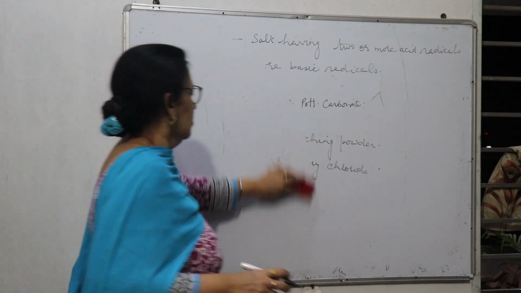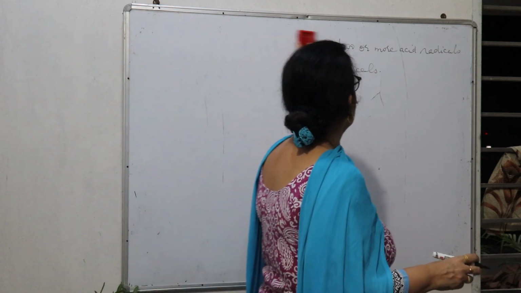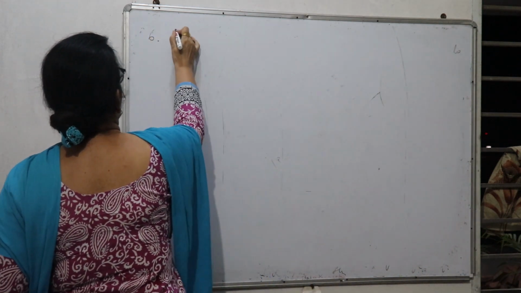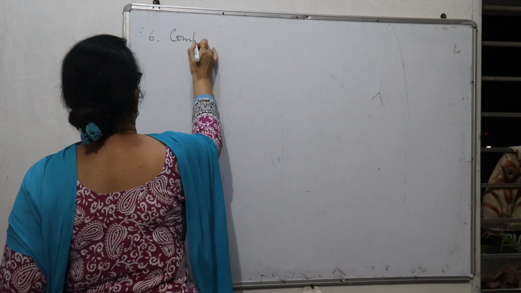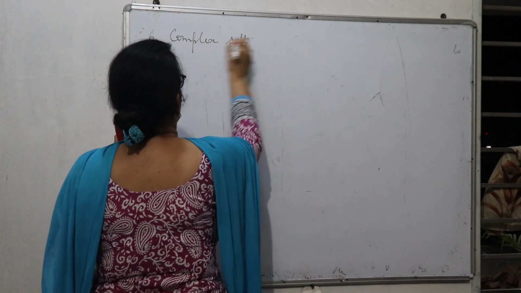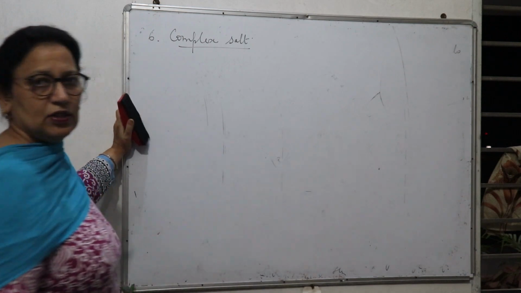Next is complex salt, the 6th type of salt. Now what is a complex salt?